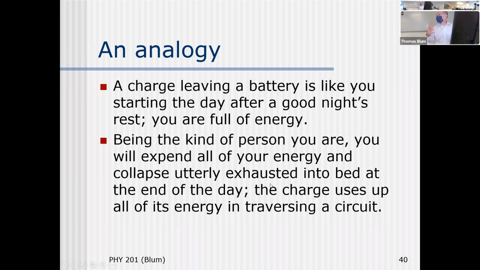The quantity we associate with the battery is a voltage, say a 9-volt battery that you put in your smoke alarm. When you leave the battery, you have 9 volts. And whatever you do in your path, by the time you get back to the other side of your battery, you should have used all 9 volts. You should have nothing left when you get back.